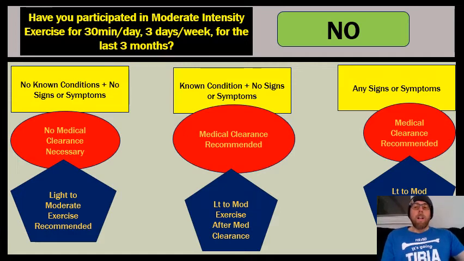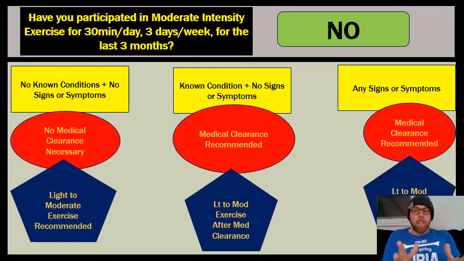It's reasonable to assume that someone who doesn't meet the minimum recommendation of 30 minutes a day, 3 days a week for 3 months might have some mild signs or symptoms because they're sedentary, right?